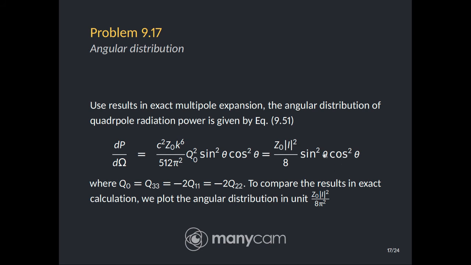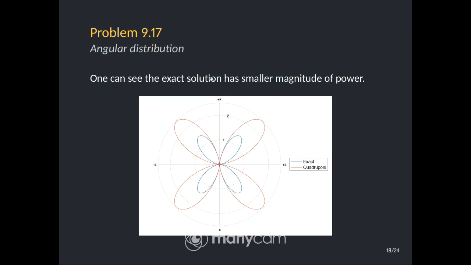And to compare with our exact calculation in problem 9.16, we plot the angular distributions in the unit Z0 times I squared divided by a pi squared. One can see that the exact solution, which I use the blue color for here, has a smaller magnitude of power than the quadrupole moment, which is in orange or maybe red color here.